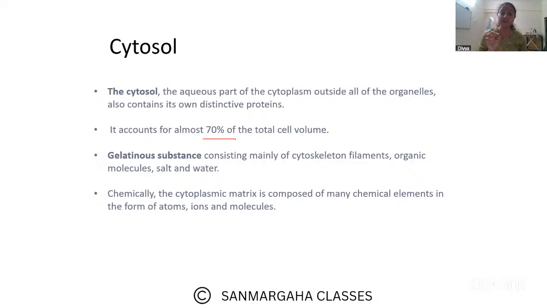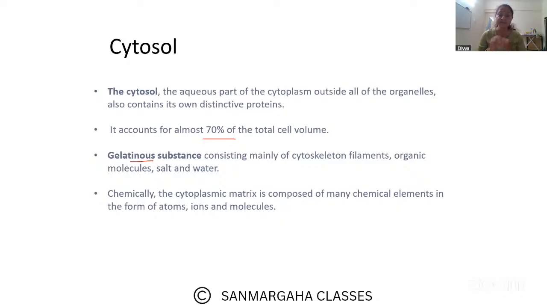Imagine the amount of cytosol present in the cell. It is also a gelatinous substance consisting mainly of filaments, we have seen microfilaments, and organic molecules, carbohydrates, lipids, and salt and water. All these things are present in the cytosol.